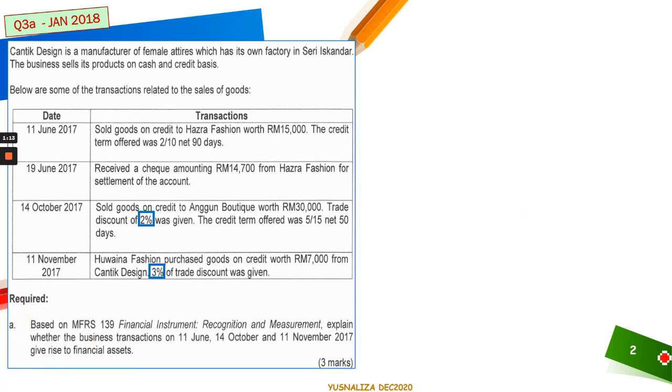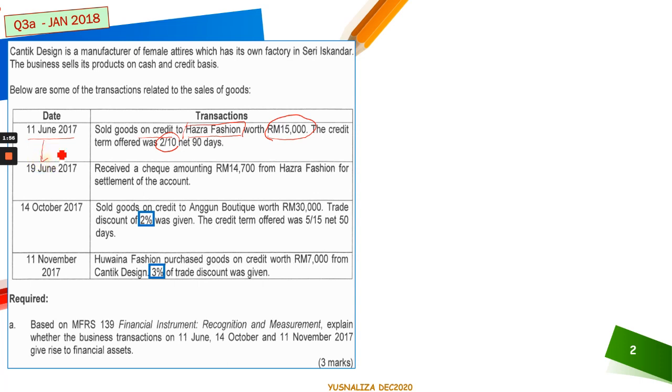Okay, there are some transactions related to the sales of goods, right? On 11 of June, you sold goods on credit to Hazra Fashion, and the goods are worth 15,000, and there was a credit term offered of 2/10, n/90. A 2% discount will be given if you pay within 10 days. And for Hazra Fashion, which is the first accounts receivable that you have, and that is a financial asset, on 11 of June, you receive a check after 8 days.